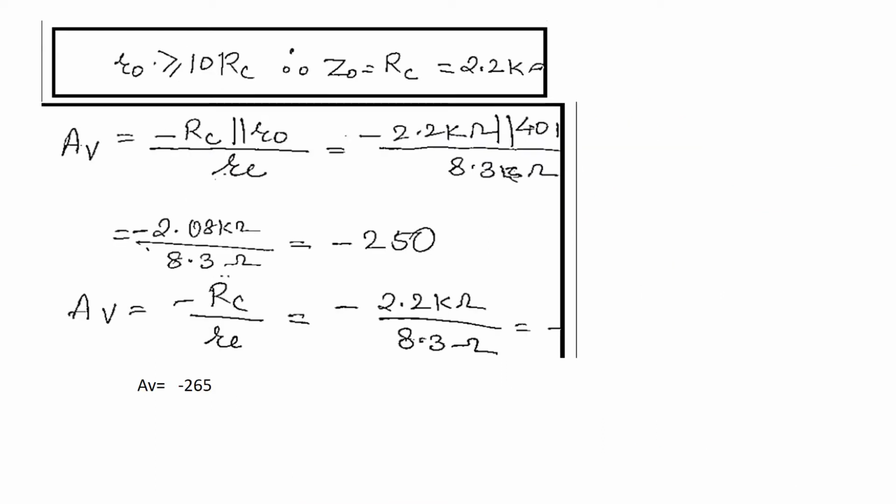Next, output impedance. Since R0 is greater than 10 times RC, just take the output part. Since I am interested only in the output part, here the current source will be open circuit, in parallel with R0, and this is RC.